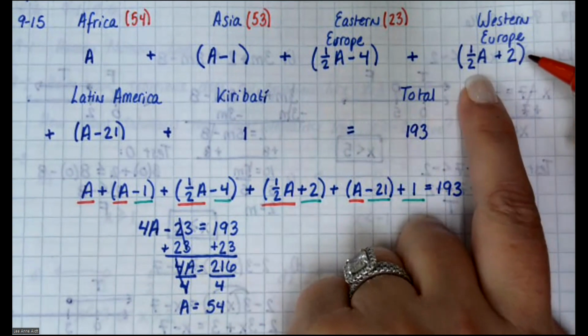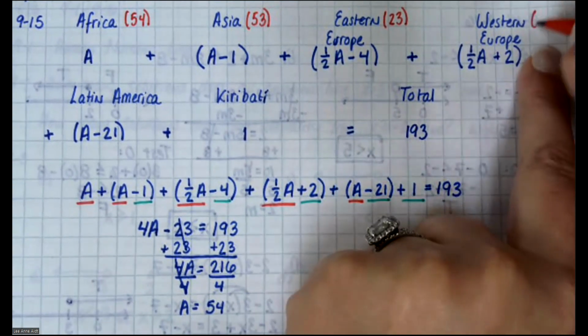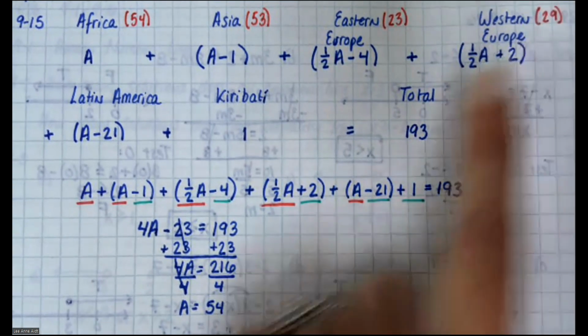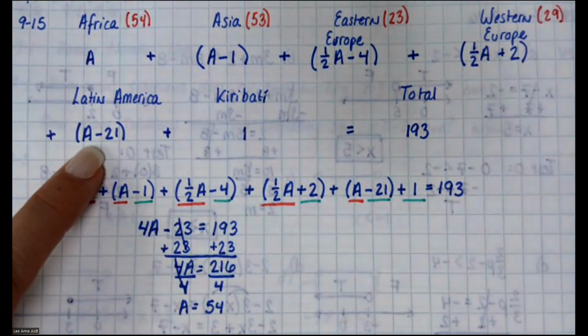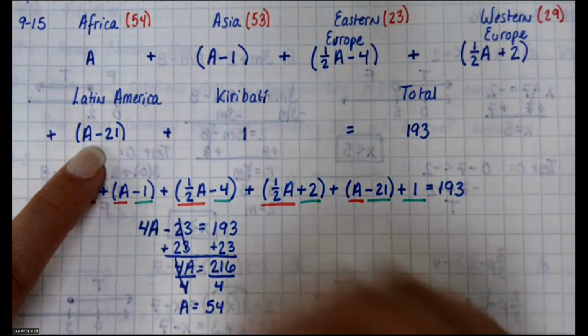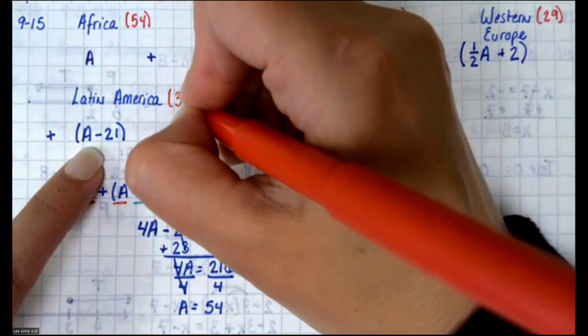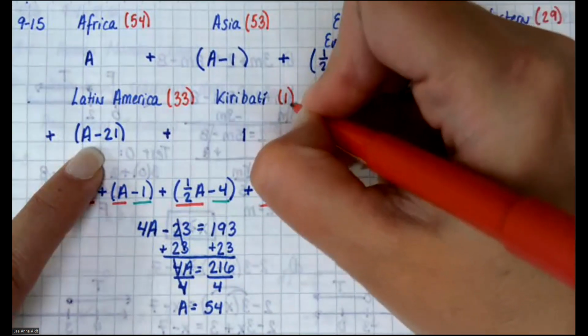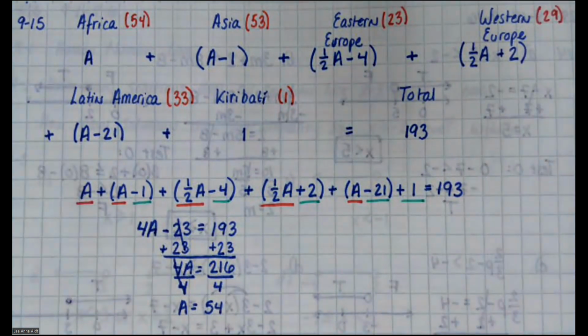What's 27 plus 2? 29. Jameson is on fire today. What's 54 minus 21? 33. And Kiribati, we know, is 1. And hopefully that adds up to 193. We're just going to assume that we're correct because it all came out kind of nice-ish.